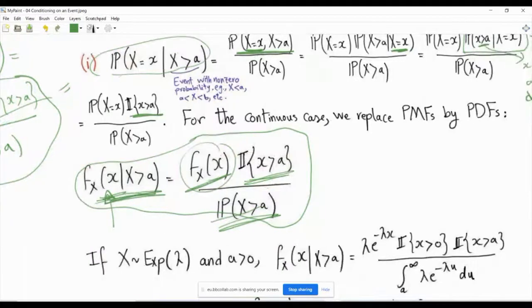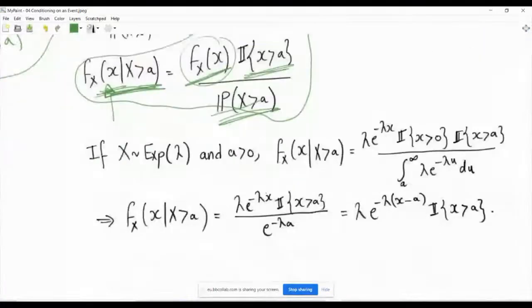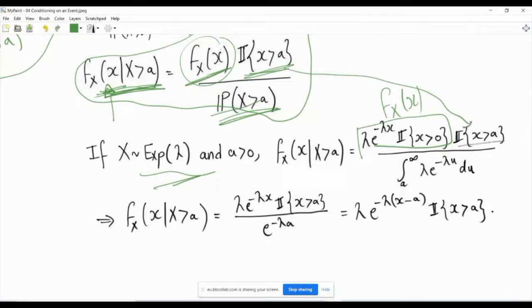And of course, you can apply this to a specific problem, like, what if x is exponential? So you just plug in. So this is the PDF of x, exponential with parameter lambda. You put it here. And again, I highly recommend that you keep indicators and so on. And this is the indicator that small x is greater than a.